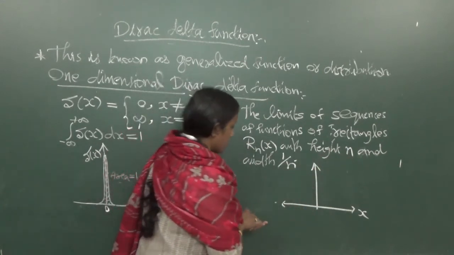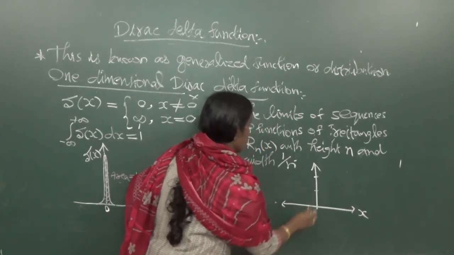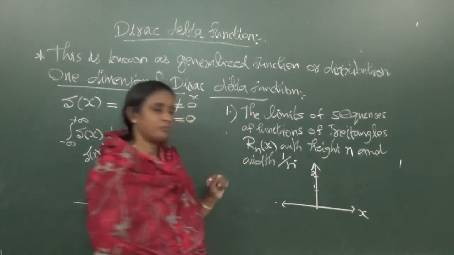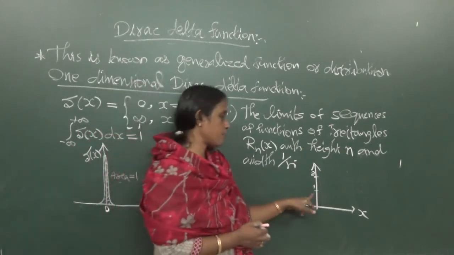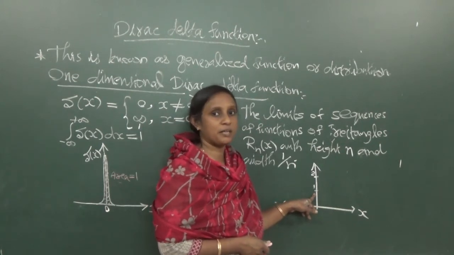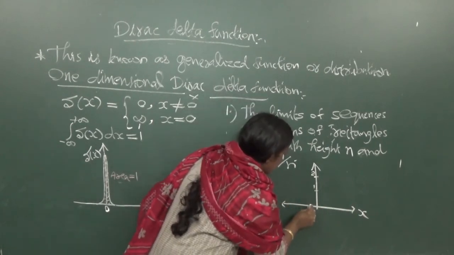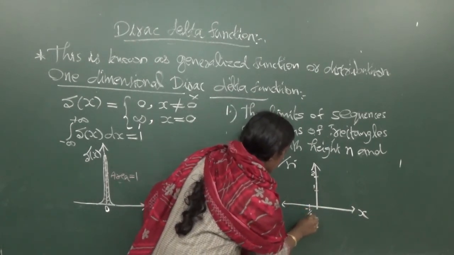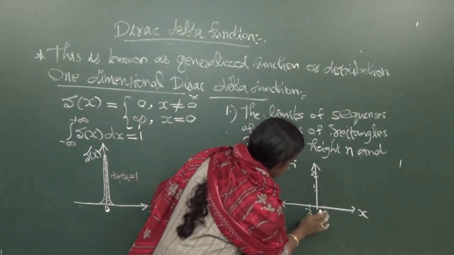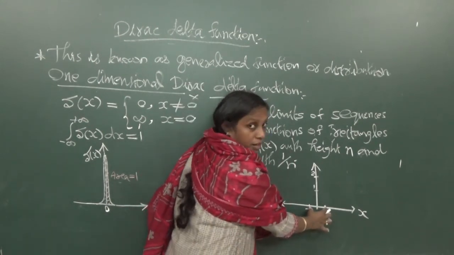Suppose this is 1 and this is 2. For height 1, width is also 1, and its position runs from minus half to half, so the total width is 1.